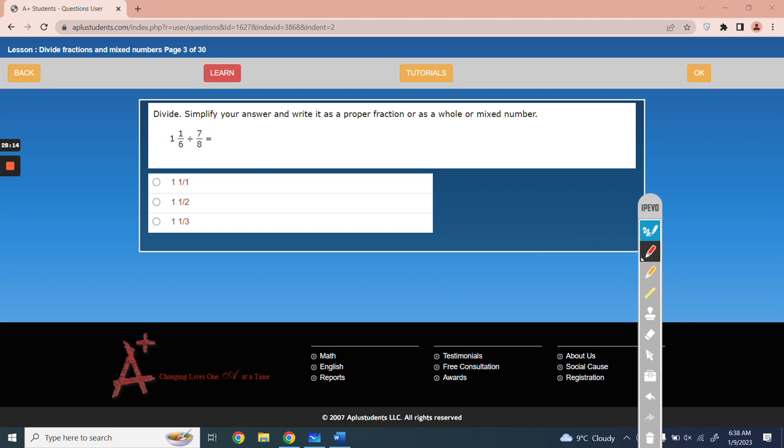Okay, 6 times 1 is 6 and 1, 7 over 6 divided by 7 over 8. So it is 7 over 6 multiplied by 8 over 7. So 7 times 8 over 6 times 7. You can cancel out 7 because they are common in both numerator and denominator. Now you have to look for a common number that can divide both numerator and denominator. So yes, it is 2.